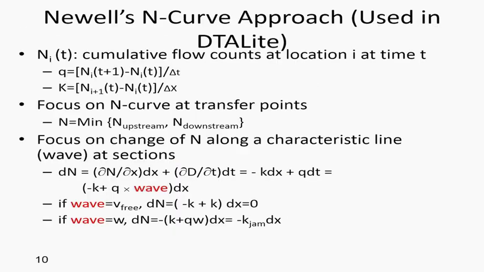What has been used in the open source dynamic traffic assignment DTALite is the newest N-curve, or cumulative flow count, approach. By using these cumulative flow counts at location i at delta t, we can derive the flow rate and the density.